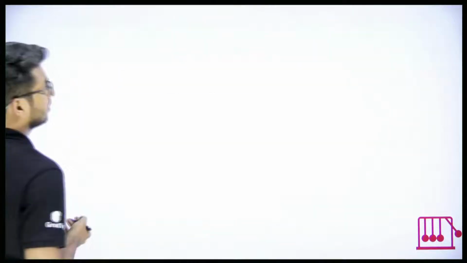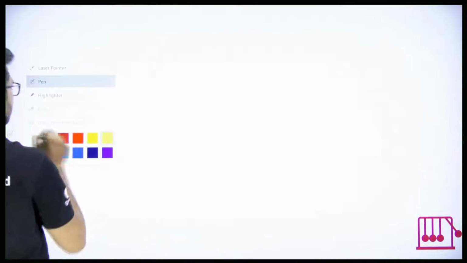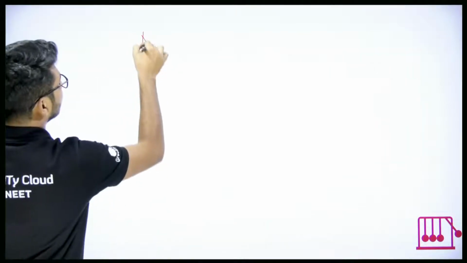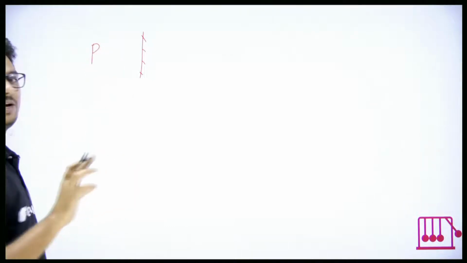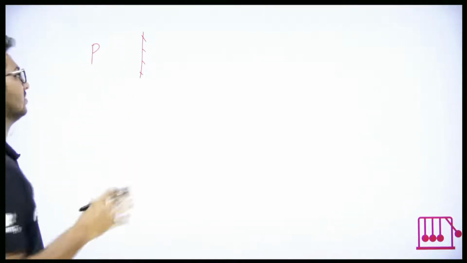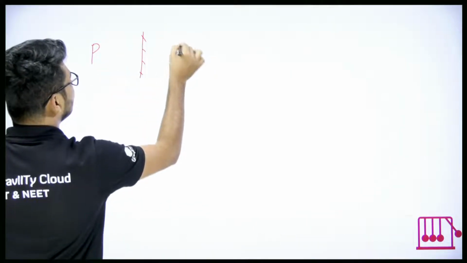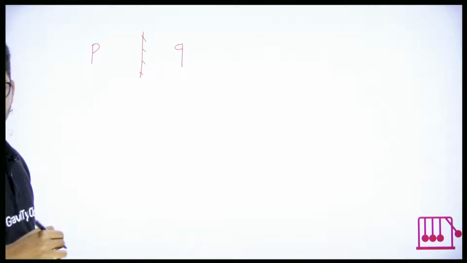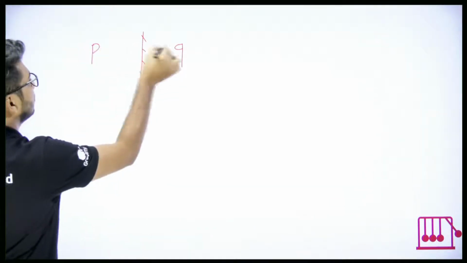Let me explain that. So let's say this is the mirror. When I take P, now if I do lateral inversion, left becomes right, right becomes left. So here it is in this way. Yes or no? So this is different.